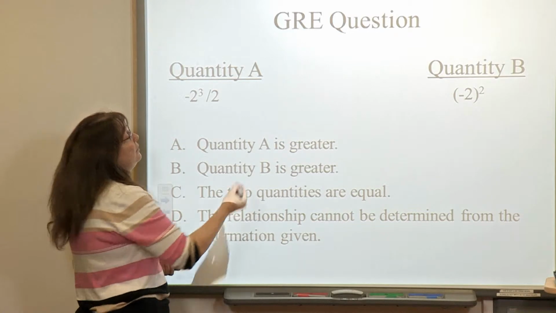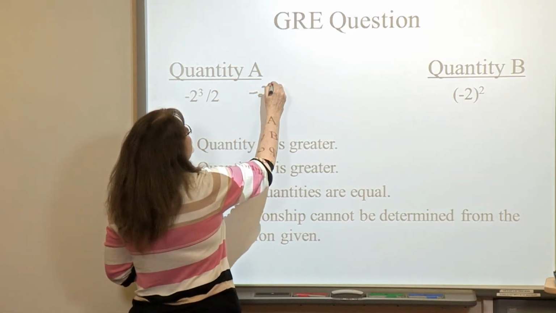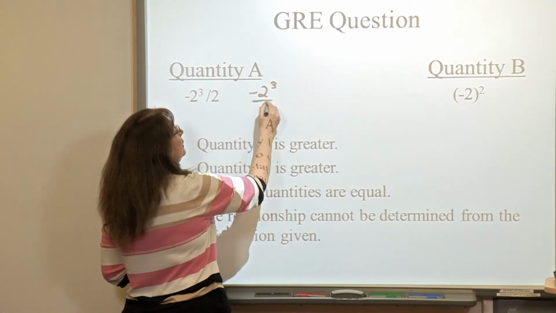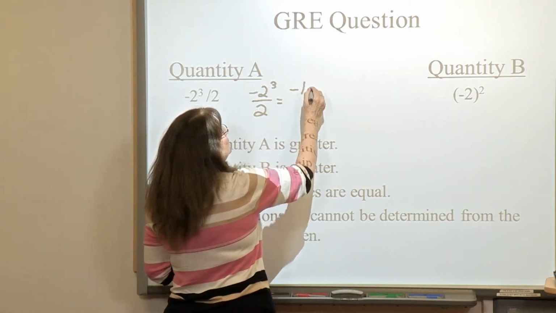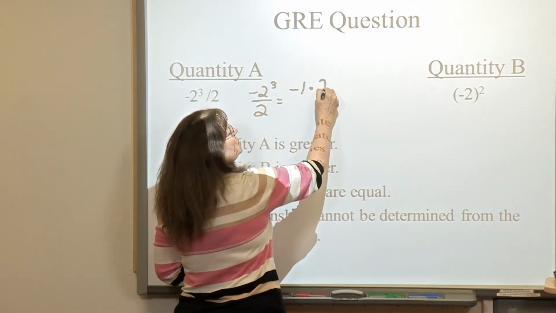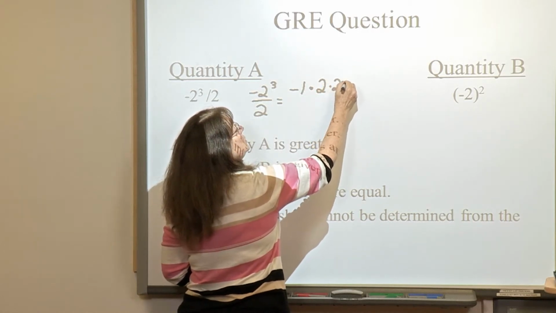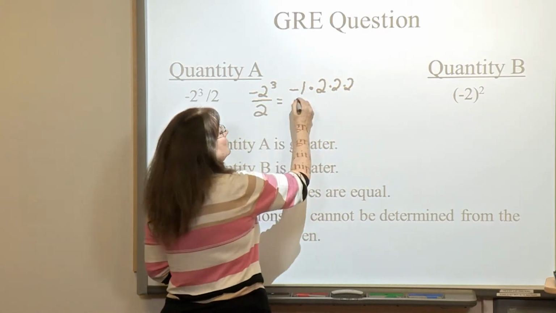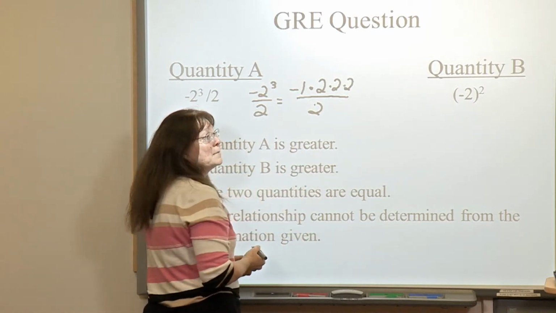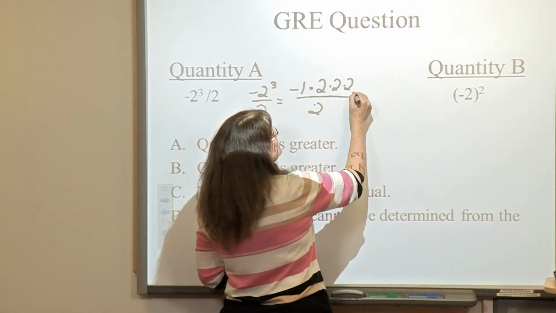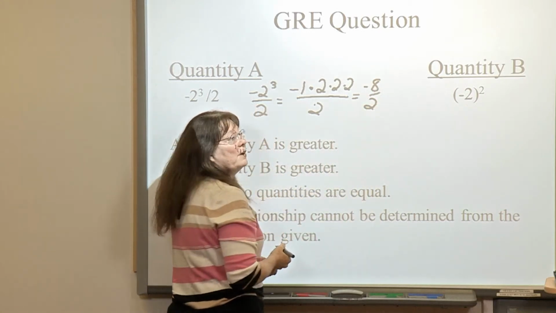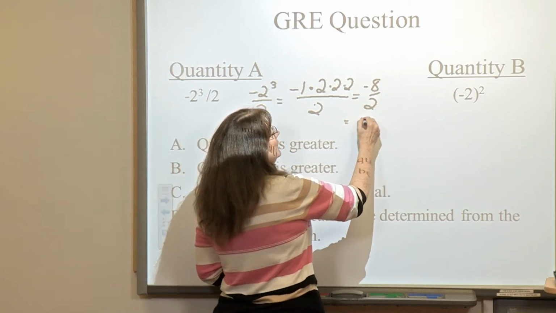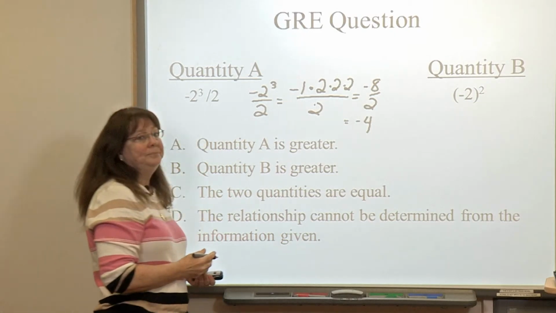Now remember, if you have that negative with a 2 to the third power, it's like having negative 1 times 2 to the third power, or 2 times 2 times 2. On top, I'm going to get negative 8. And when I divide negative 8 by 2, I get a negative value, negative 4.